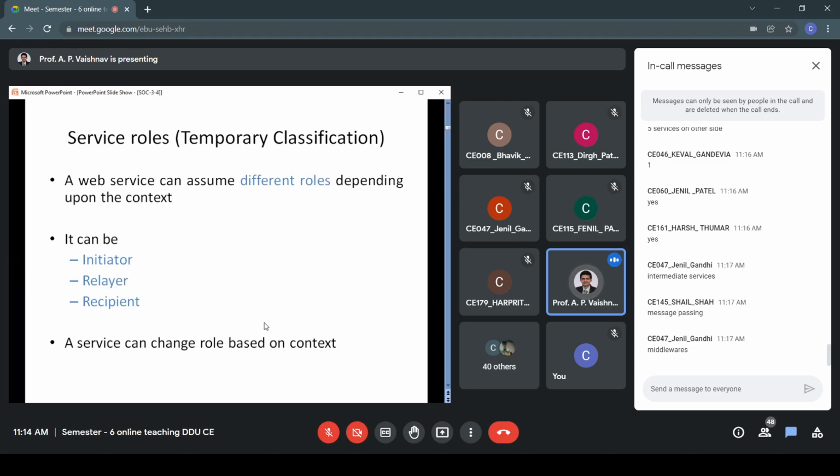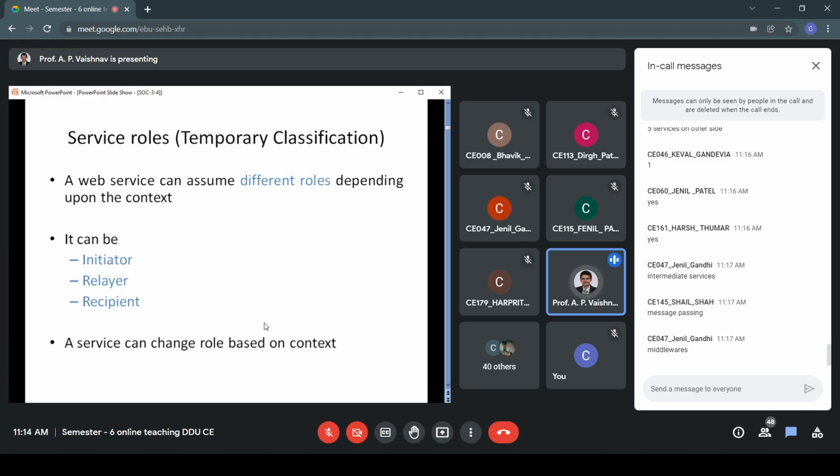So they take a message from one side, and then, if required, they might be processing that message. Otherwise, they will simply forward. So they might be acting as very dumb middlewares, or they might be intelligent. Fine. There are two options. So that is known as a relayer. The other type of service that you can have in service role is a relayer service. We'll define that in detail later.